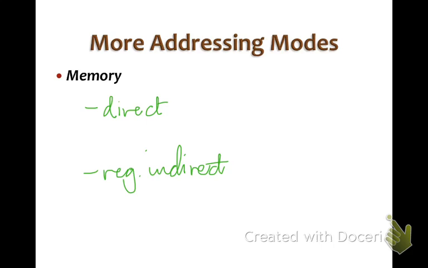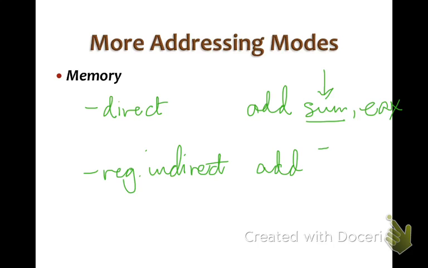Okay, so our example, same one. In this case, my destination is a direct memory address, so I'm using an identifier. In this case, I am indirectly referencing memory using a register as a pointer.